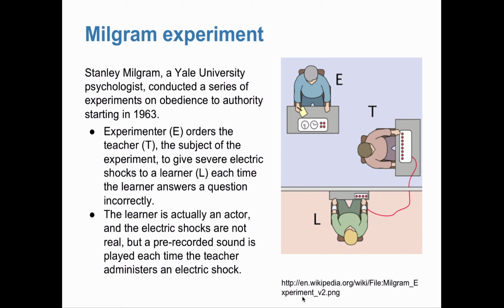They had an experimenter who ordered a teacher, who was the volunteer subject of the experiment, to give severe electric shocks to a learner each time the learner answered a question incorrectly. The learner was actually an actor, and the electric shocks weren't real, but a pre-recorded sound would play every time the teacher administered a shock that sounded like a shock, and the actor would pretend to be in pain.